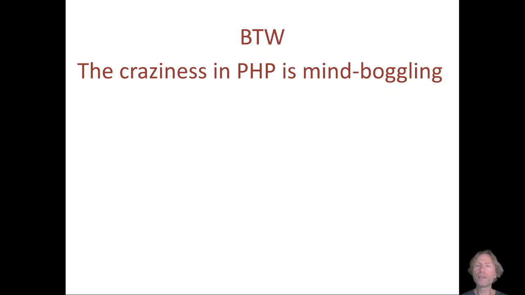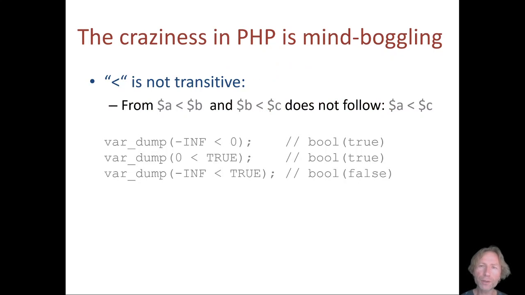And by the way, this craziness in PHP is really astounding. For instance, you cannot even trust things like the less than operator to be transitive, right? So if you have A being less than B and B being less than C, you cannot conclude that A will always be less than C also.